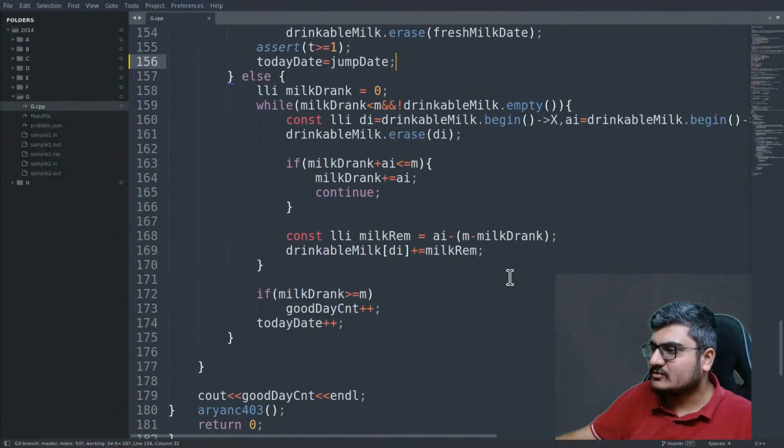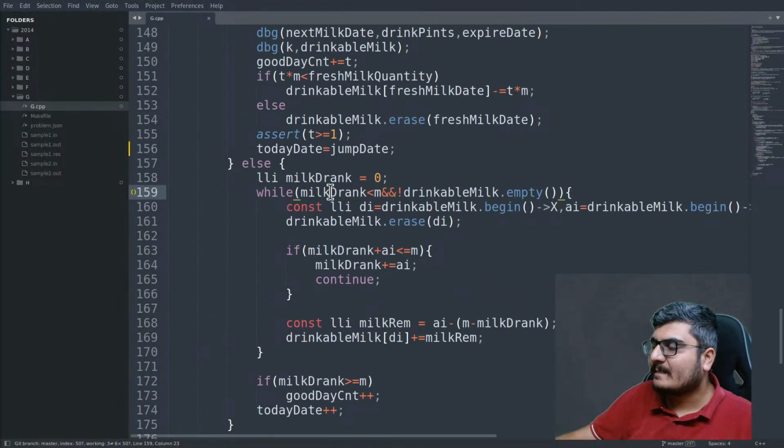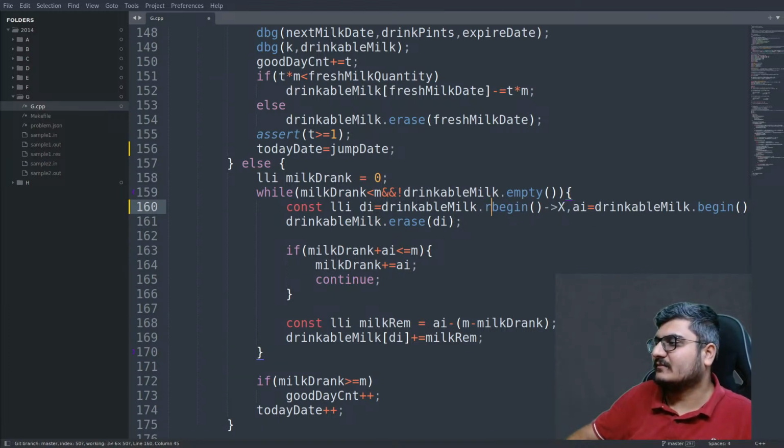Maybe we have some issue with the brute force. Milk taken is less than m, drinkable milk is not empty. This should be our beginning.